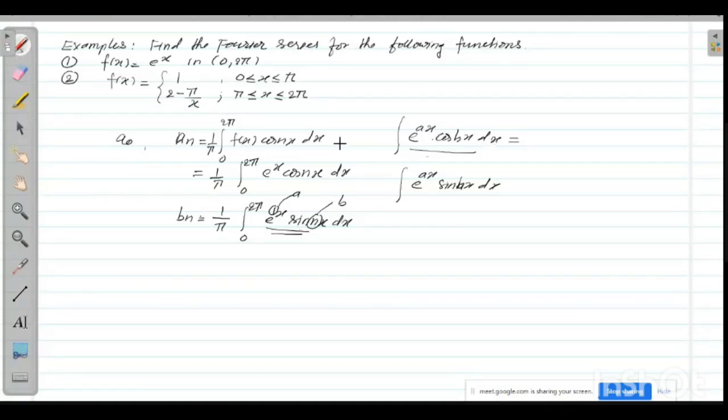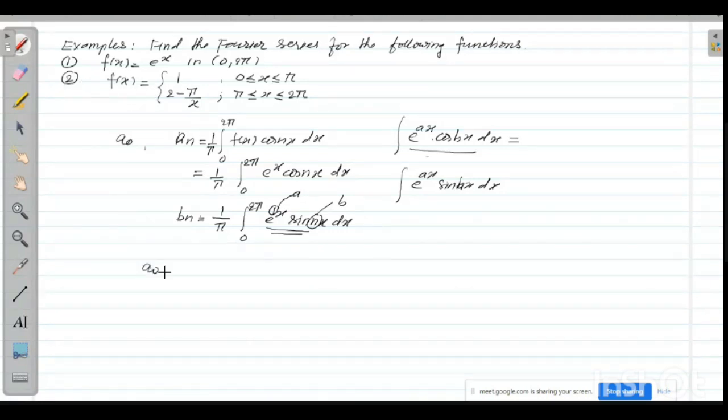By using these two formulas you can determine the Fourier expression of the function e raised to x. I hope you understood how to find the Fourier expression of function 1. Problem number 2, how do you do it?